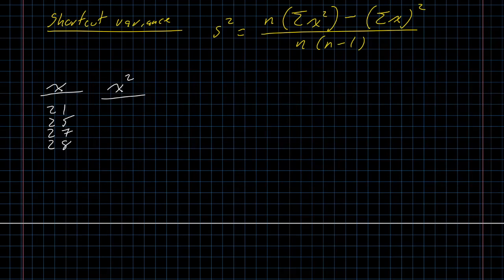I want to square each of the scores in this distribution. So 21 squared is 441. 25 squared is 625. 27 squared is 729. And 28 squared is 784.